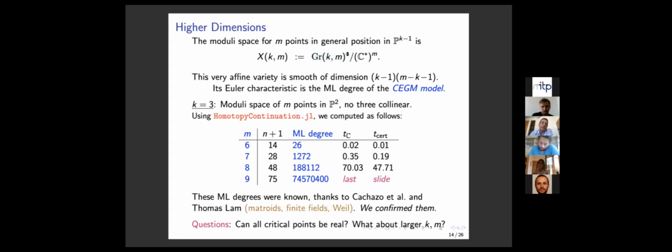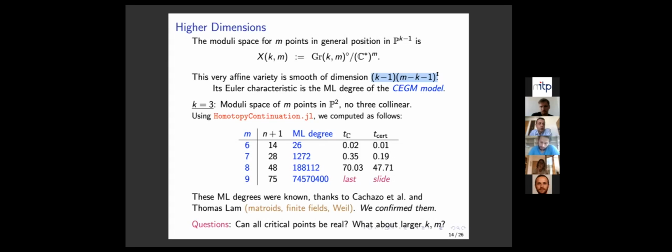Circle means we take the open part where all m choose k Plücker coordinates are non-zero, and then we mod out by the natural torus action. This again is a very affine variety. We can embed it into some torus, and it's smooth, so no need to deviate from the Euler characteristic. It's smooth, and it has dimension (k minus 1) times (m minus k minus 1).